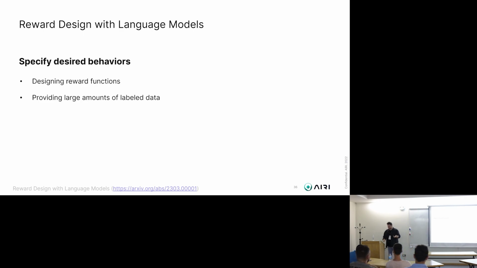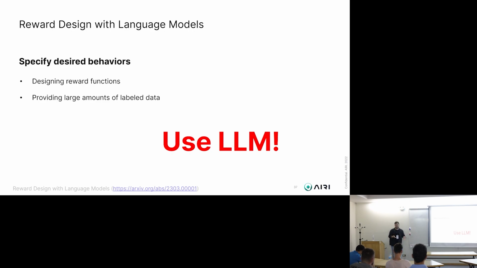Another variant: if we have a lot of labeled data, we can use it and learn it like usually in supervised learning. But what if you don't? If you have some examples labeled, how can you use them? And the authors say, okay, let's use a large language model. Why not?